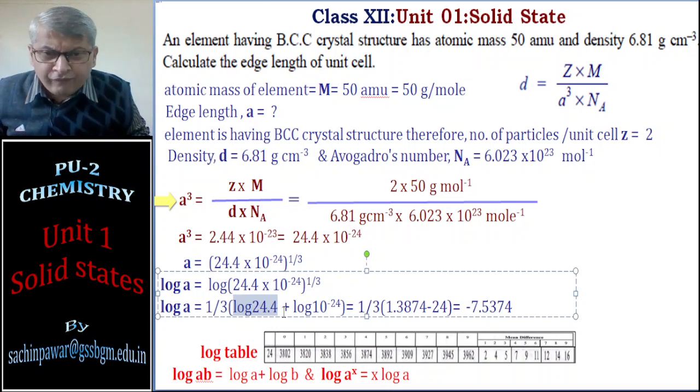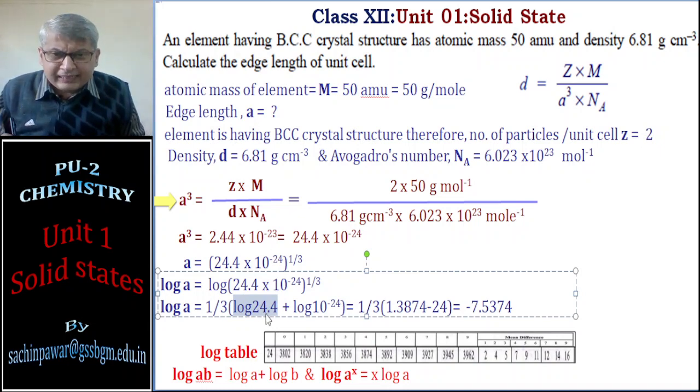Now to find log of 24.4, the decimal point is after 2 digits, therefore the characteristic becomes 1. And in log table I need to see 24th row 4th column.